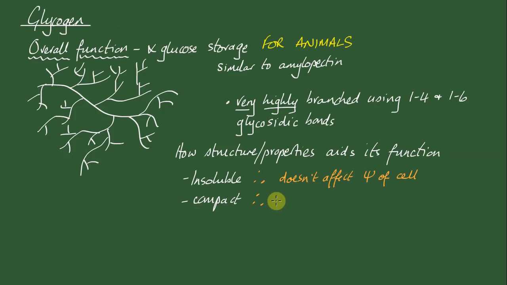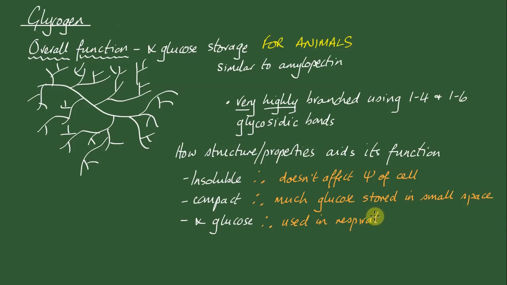Insoluble, so that it doesn't affect the water potential of the cell. Compact, so that a lot of glucose can be stored in a small space. Alpha glucose being used so that it can be used in respiration.